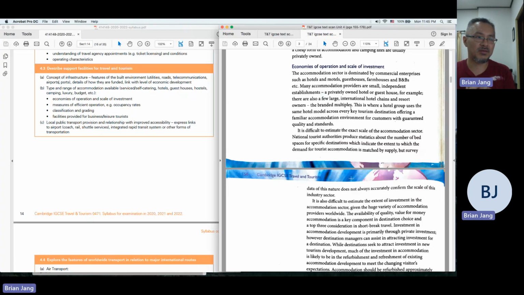If it's very limited, because people don't like limitations when deciding where to stay, where to go, what to eat and what to enjoy, the more options there are, the more developed that destination is. If you get that concept, then you can understand the economies of operation and scale of investment. And all of that heavily depends on infrastructure.